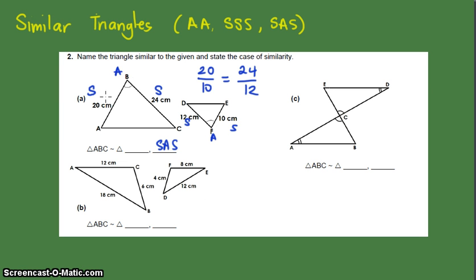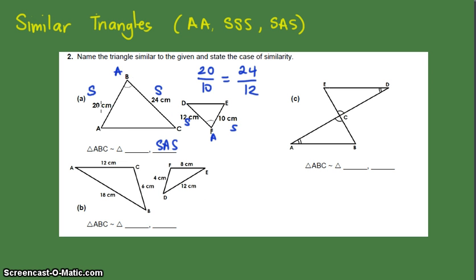The next thing that we need to do is to name the second triangle properly. We can easily do that by starting with the corresponding sides. If the first triangle is named ABC and it goes in this direction, so side A, the one in the 20, and then to the 24, you're following the side, the angle, and the side.